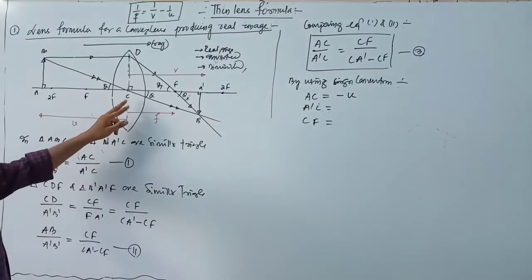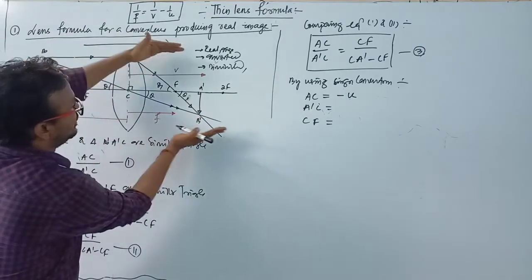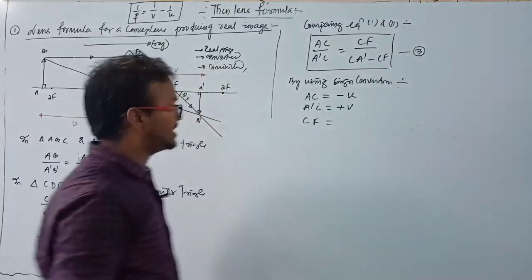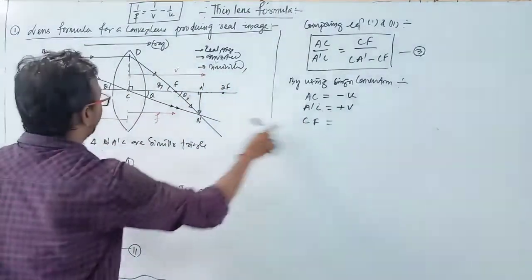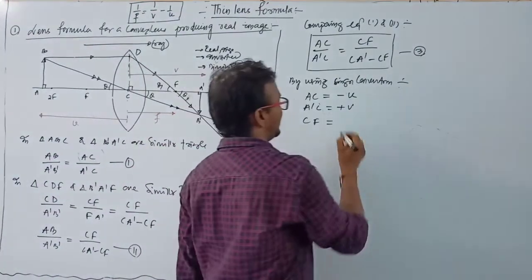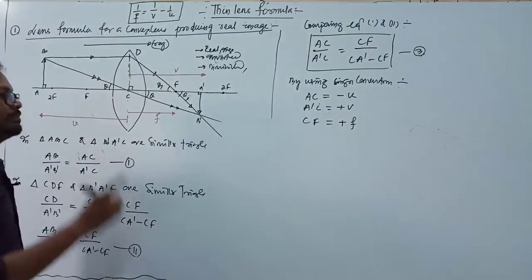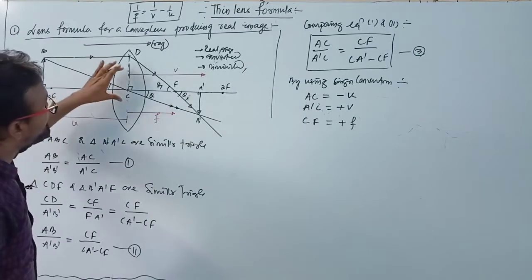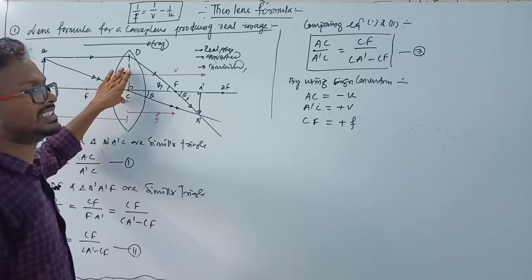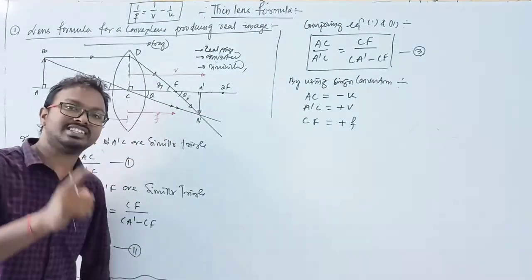Similarly A dash C is along the direction of the incident ray, so this distance is taken to be positive. Again CF is along the direction of incident ray, and here it is the focal length F. You have to remember one thing: the focal length of a convex lens is always positive, and the focal length of a concave lens is always negative.